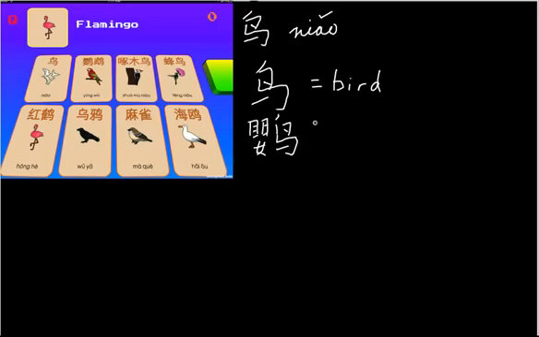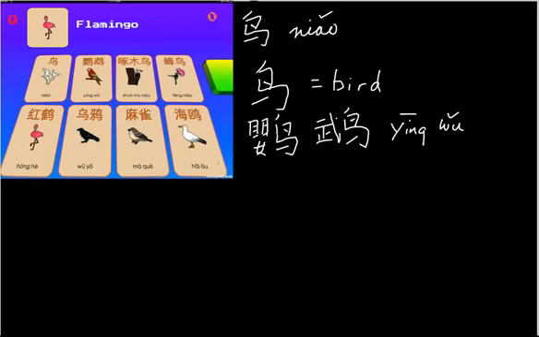It's written like this, and with the symbol of niao on the right, and 鹦鹉 is pronounced ying in the first tone, wu, and this is what a parrot is.